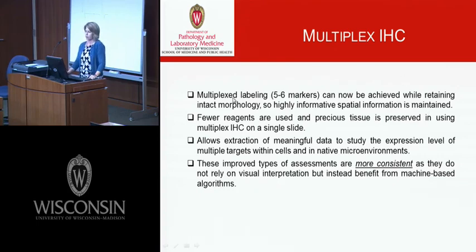So as stated before, we're using fewer reagents, and the precious tissue is preserved as a result. So this allows extraction of meaningful data from the tissue, and it maintains it in its native microenvironment. And the results are more consistent since they do not rely on visual interpretation, but instead benefit from machine-based algorithms, so the computer-based algorithm.